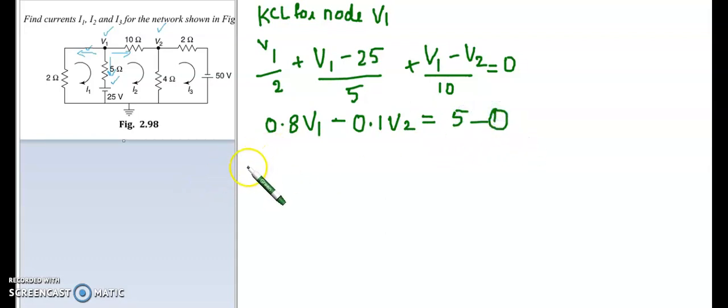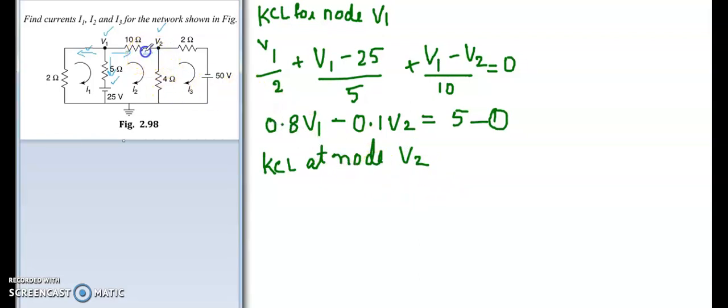Now we can consider the next node, that is KCL at node V2. At node V2 we can consider 3 currents 1, 2 and 3.